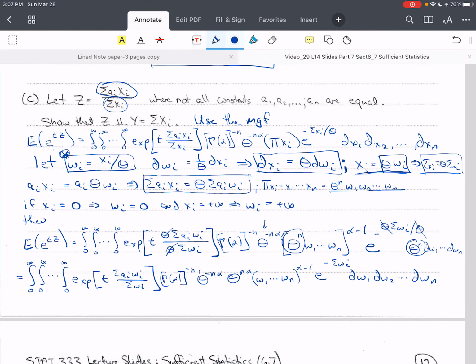Now, these cancel because I have theta to the negative n alpha, theta to the n alpha equals theta to the negative n alpha plus n alpha equals theta to the 0 equals 1. Okay, so these have canceled.